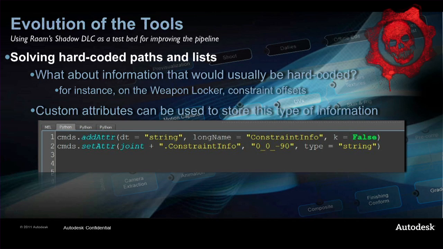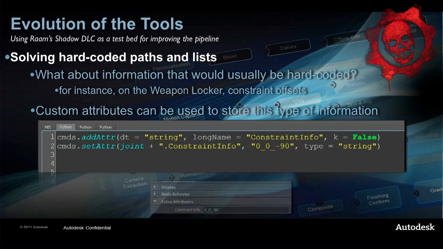And if it does, I can get the attribute and then do what I need to do with that data, which would be, in this case, set a -90 offset on Z on the orient constraint. And so custom attributes have been a really good way to solve that problem. If you're ever importing stuff and you need to get data for it that's specific, that's a good way to handle that as well.